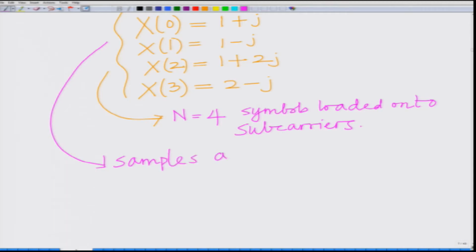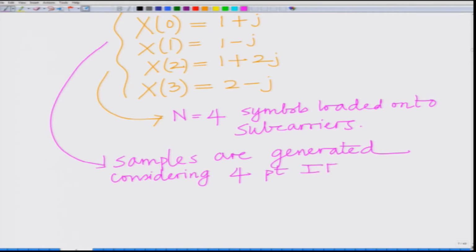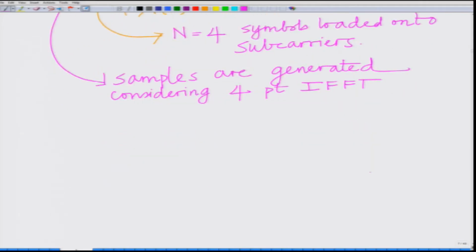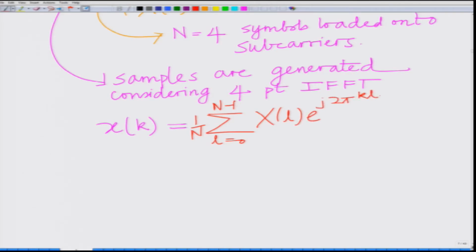The samples are generated by considering the N equal to 4 point IFFT, where the kth sample xk equals summation l equal to 0 to N minus 1 of xl e power j 2 pi kl divided by N. And we have seen that the samples are given as x0, x1, x2, x3.